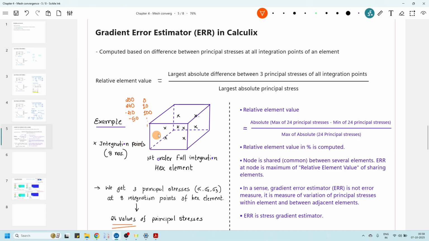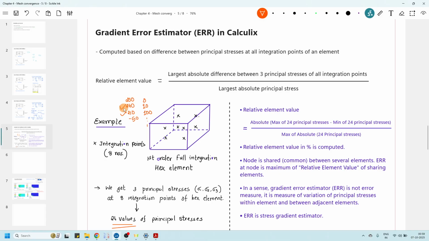So there are 24 values we got for this single element. Now out of this, the maximum is, for example, this one, and minimum by sign is this one. So the numerator is the difference between these, divided by maximum of absolute.